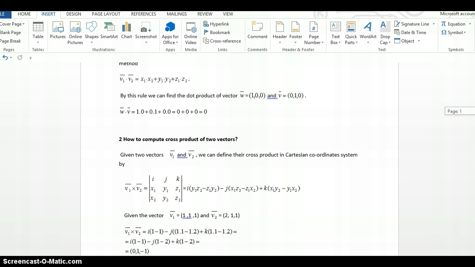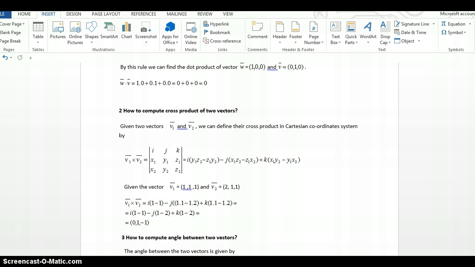How to compute the cross product of two vectors. If we are also given vector v1 and vector v2, then to compute the cross product of v1 and v2, we just do the product in the Cartesian coordinate system.